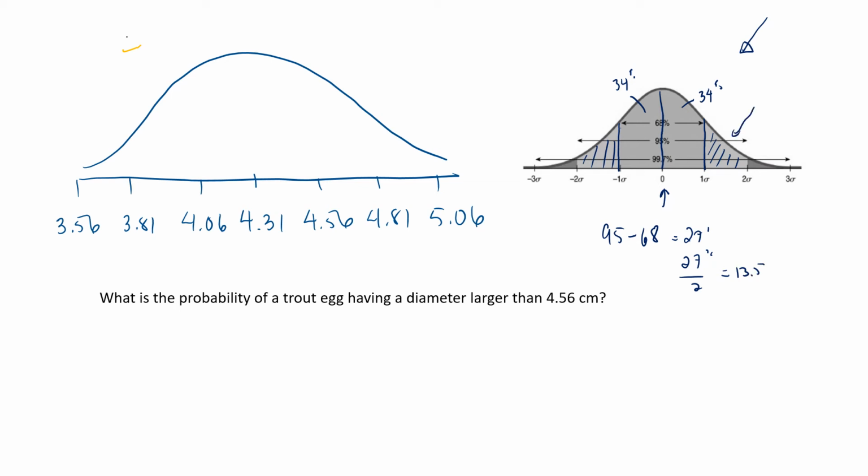So each of these little pieces here is 13.5%. And if I do that again for going three standard deviations, it's 99.7. And if I subtract the 95 and split it in two, I'll get each of these is 2.35%.